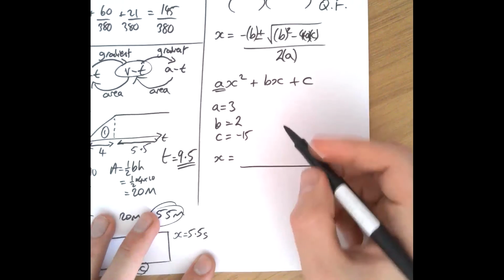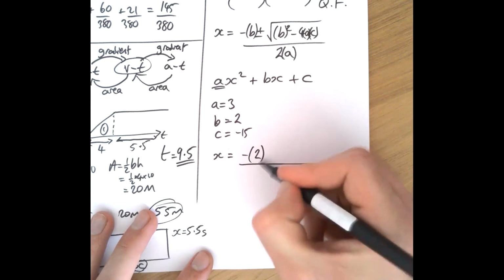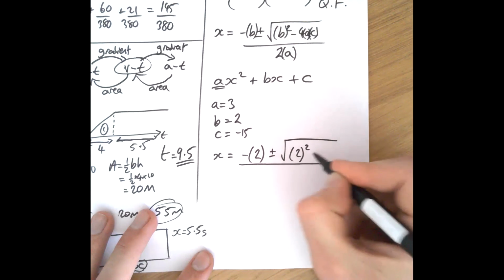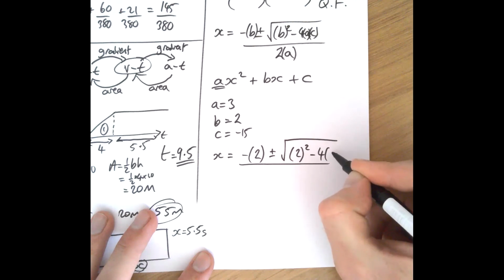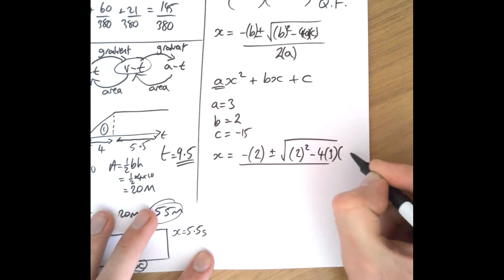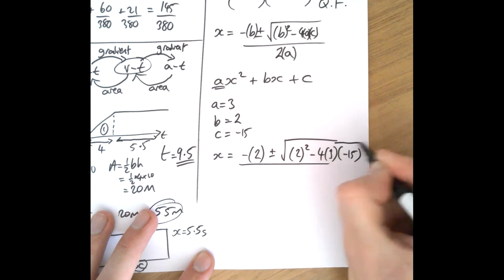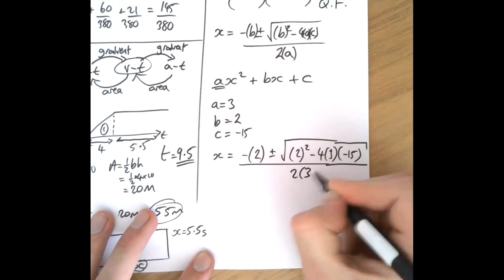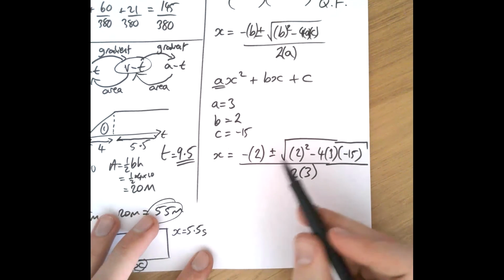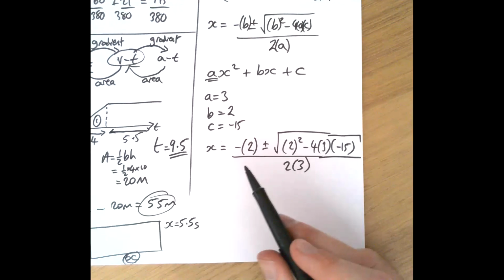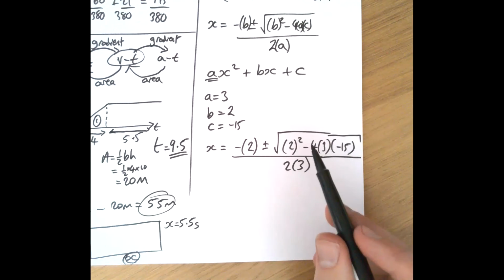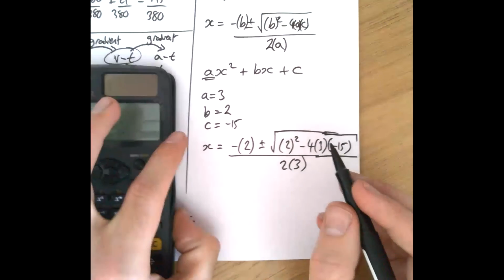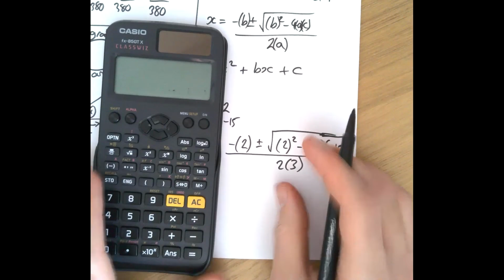So we've got minus b plus or minus the square root of b squared minus 4 brackets a brackets c, all divided by 2 lots of a. So can you see, wherever I've had a letter, I've just substituted that value instead of that letter. And then if you've got yourself a decent calculator, you literally just type that whole thing in.